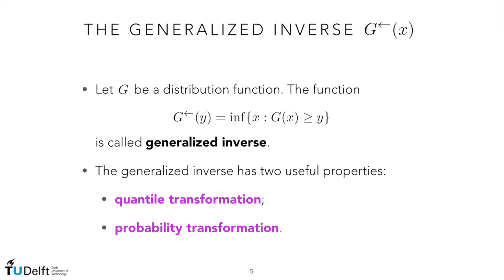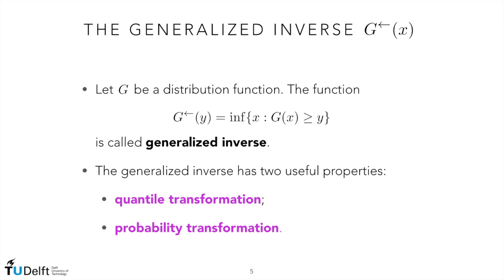The generalized inverse is an extension of the concept of inverse. It is a generalized quantile function. If a distribution function is strictly increasing and continuous, the generalized inverse coincides with the standard quantile function you are probably used to.